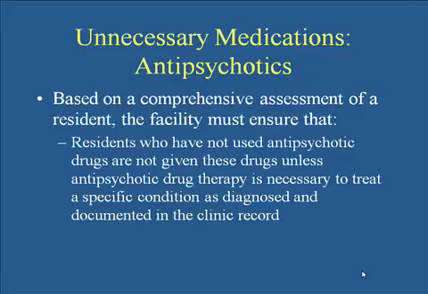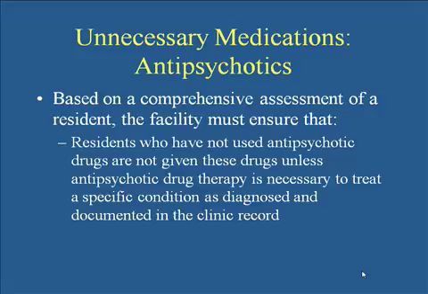Antipsychotics have been mentioned in some form or another in regulations for many, many years. They were really one of the first classes of psychotropic drugs that were targeted by regulations. This was probably due to the fact that, back before regulations dealing with these agents, the use of antipsychotics was fairly widespread in nursing home residents.